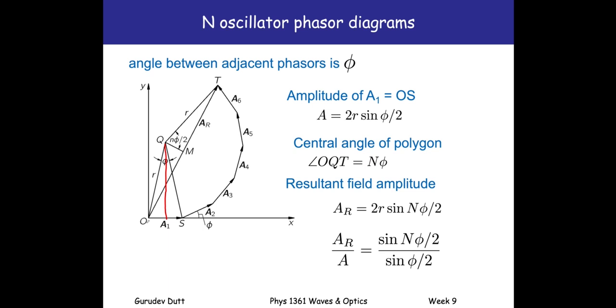And similarly, the central angle or the opening angle of this polygon over here, which is obviously not a complete polygon, is now n times phi, where n is the number of phasors. And again, we can calculate this resultant field amplitude AR by just looking at this triangle over here.